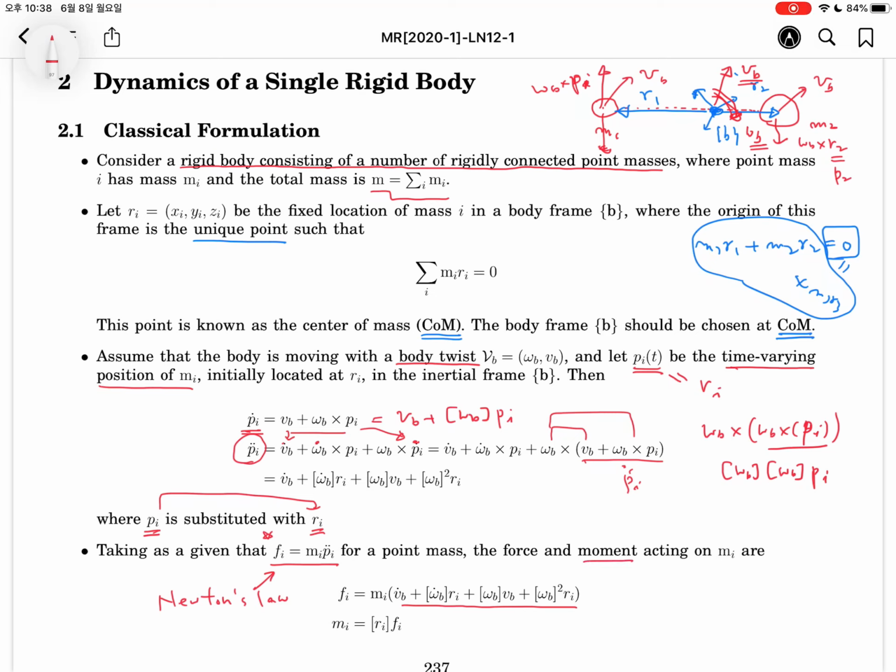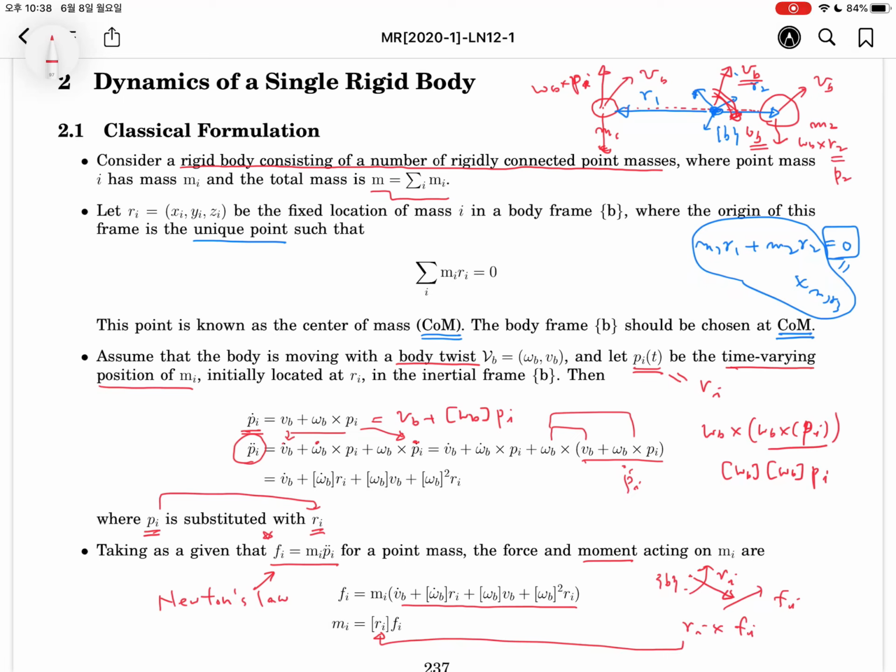The pi2 dot will be applied to here using the photon, and the moment. Okay, let's assume that this is the Fy, this is the body frame, maybe this is the Ri. The cross product will make the moment, okay, Ri cross Fy. It can be written using the skew symmetric matrix form, to replace the cross product operator.